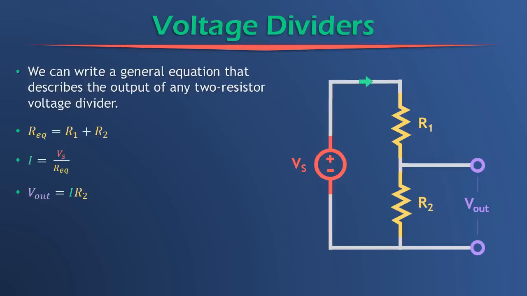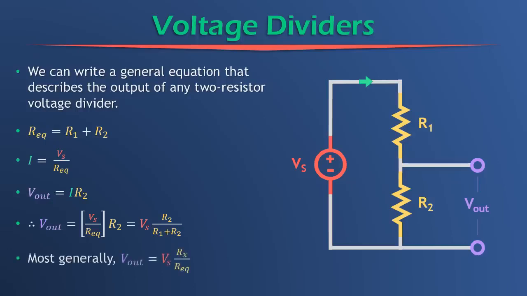We know the current is the same everywhere in the circuit, so the current through R2 is simply I. Now we can substitute into our V out equation: we substitute in Vs over R equivalent for I, and then we can rearrange and come to the final equation of Vs times R2 over R1 plus R2. That will give you the voltage output, V out, for any 2 resistor voltage divider with any voltage source and any 2 resistors.